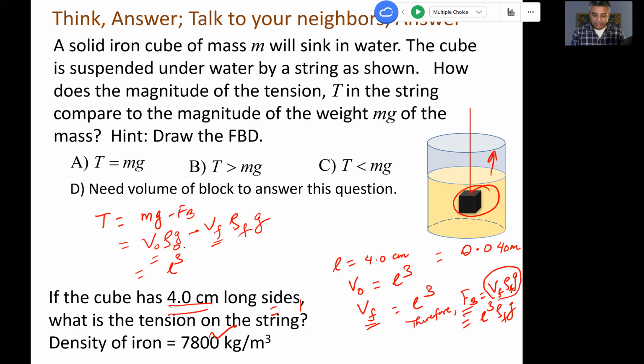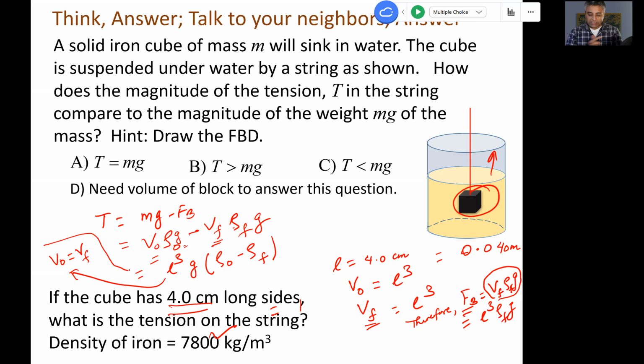L cubed, and g is going to be the same as well. So what's remaining? Rho O minus rho F. This is the volume of the object, which is equal to the volume of fluid displaced. So now we know everything.